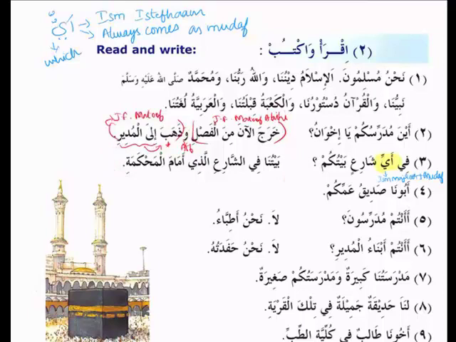Abuna sadiqu ammikum, our father is a friend of your uncle. Where is my mubtada? Abu is my mubtada, and it is mudaf, na is mudaf ilayhi, sadiqu is one word marfu khabar, and ammikum is what? Friend of your uncle.